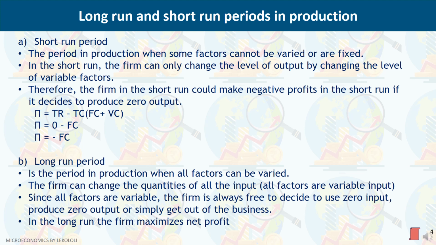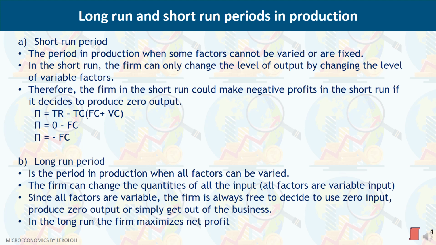For instance, consider a motorcycle manufacturing company, call it ABC. They plan to expand production in 2 years. In this long run scenario, they can change all aspects of their production process.